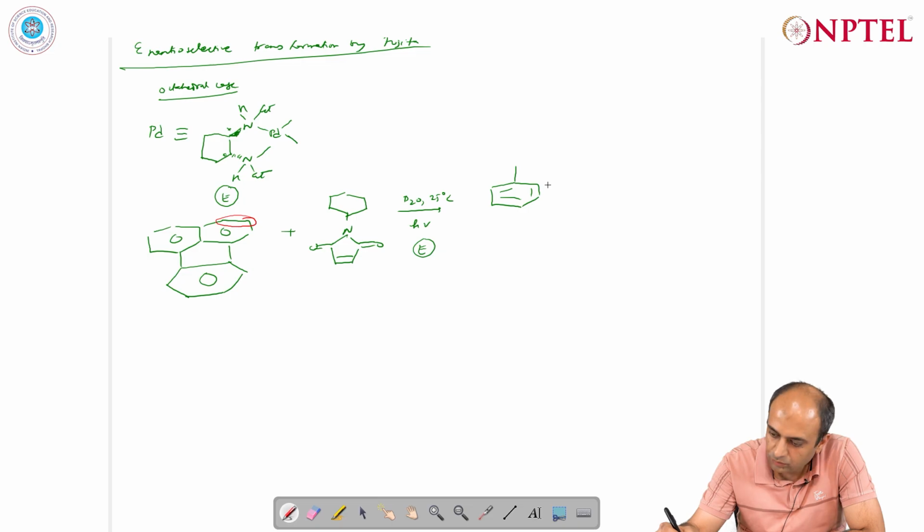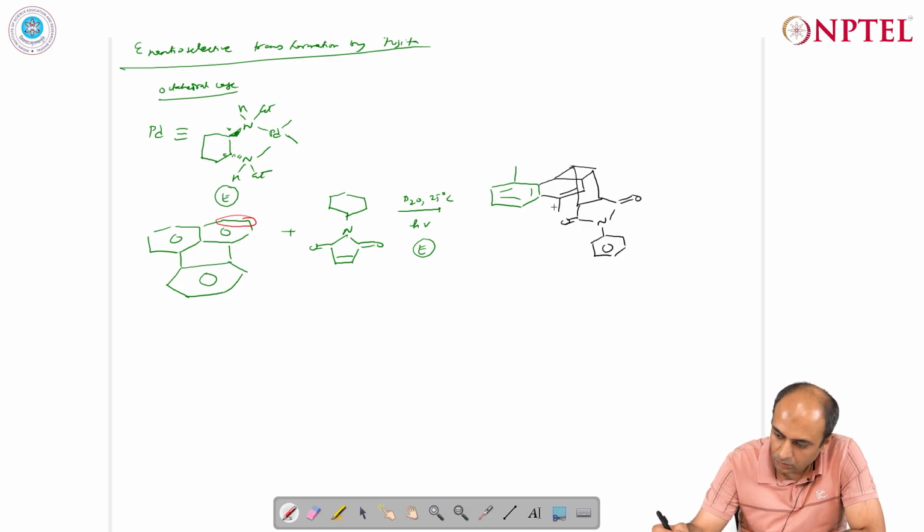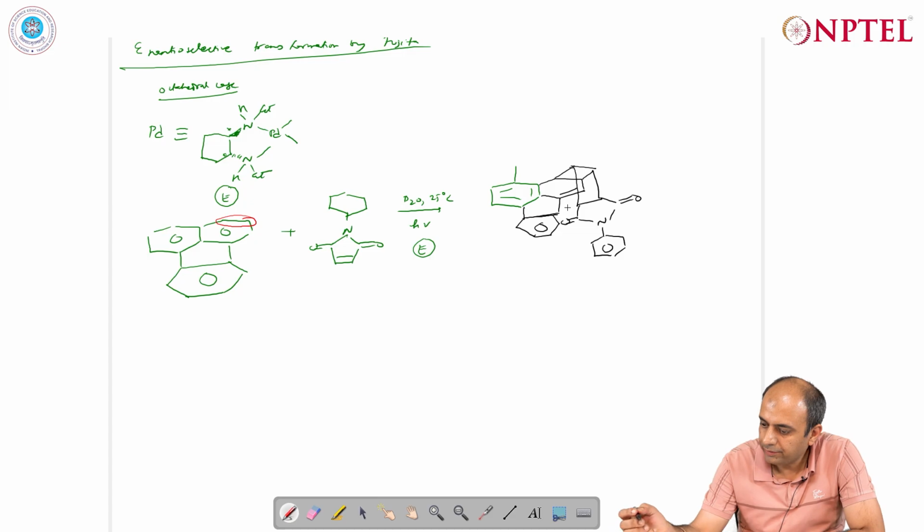So you can see very clearly that the reaction is taking place at this particular center, and these are the two covalent bonds which are formed, which form the four-membered ring.